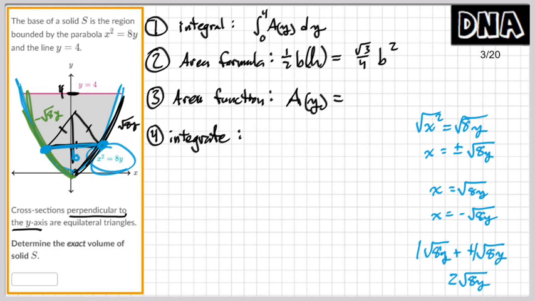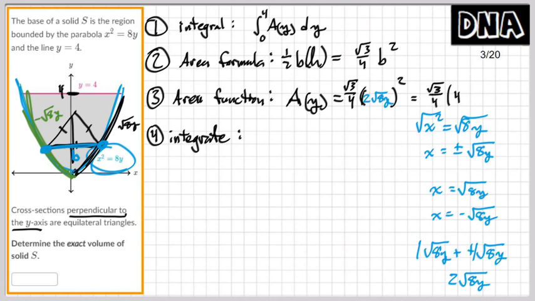So if I define this line right here, the length of it is 2 square root of 8y. And then we plug that into our formula, our b right there. So we get square root of 3 over 4 times 2 square root of 8y squared. Now we can simplify that a little bit, with some algebra.